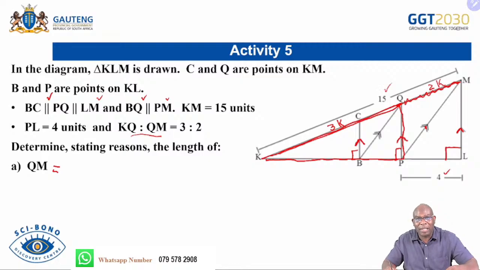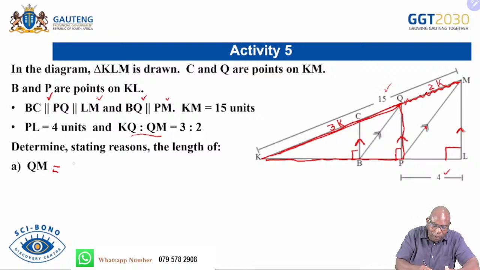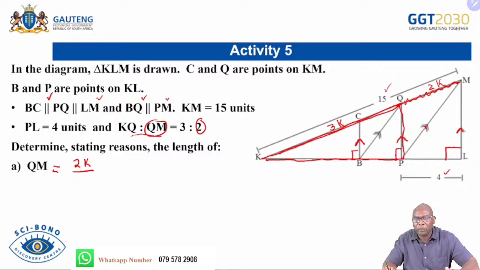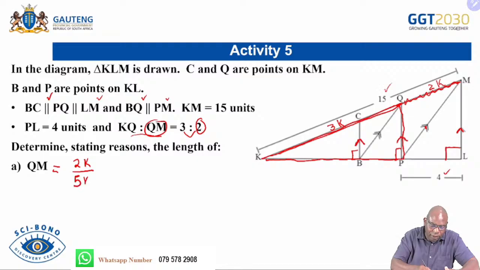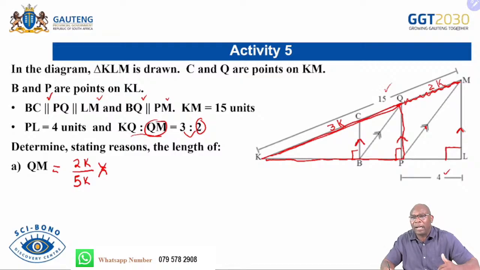So in the ratio 3:2, my QM is going to be 2. Remember QM there, it's 2K. So I'm going to write 2K over. Remember, I must add the 2, which is going to give me 5K, and that is multiplied by. Remember, I need the length of QM.